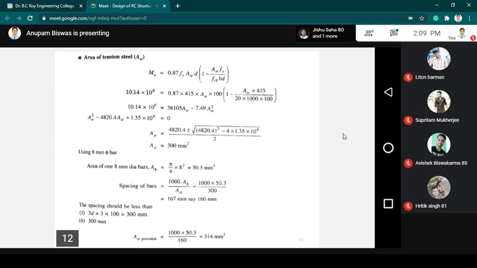From here we can say that the spacing is 160 mm. Considering 160 mm, now we have to check whether the spacing is within limits or not. The criteria for this, we know, is that the spacing should not be more than 300 mm or 3d, whichever is less.